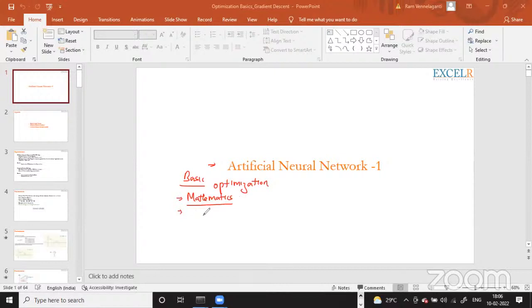So what are the concepts that we are going to see is your differential calculus. We are going to study maxima minima concepts. And then we are going to discuss what is stochastic gradient descent.